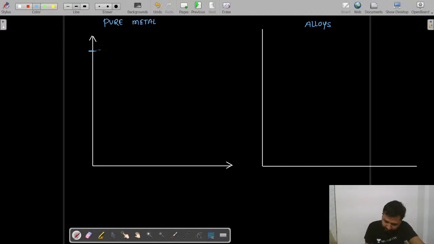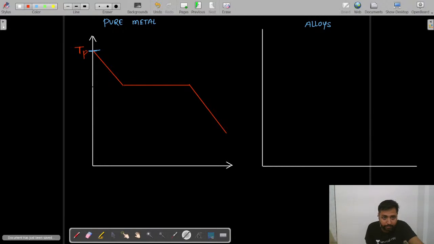The temperature initially will be TP, the pouring temperature. From pouring temperature, the temperature will reduce and will reach what we call the freezing temperature.